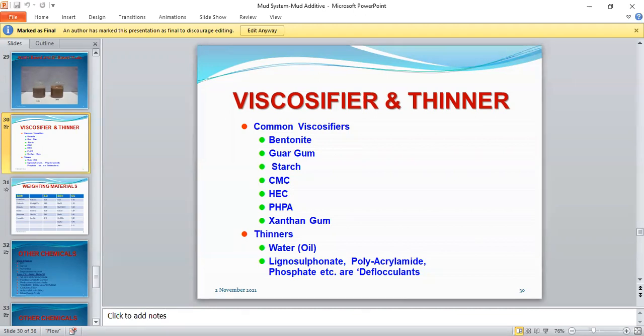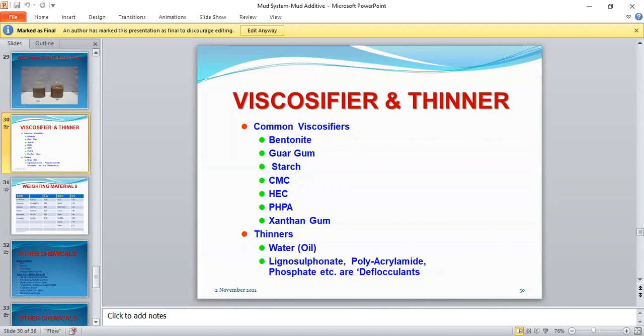CMC is carboxyl methylcellulose. It's an organic name. It can work in salt water. It can also work in fresh water.